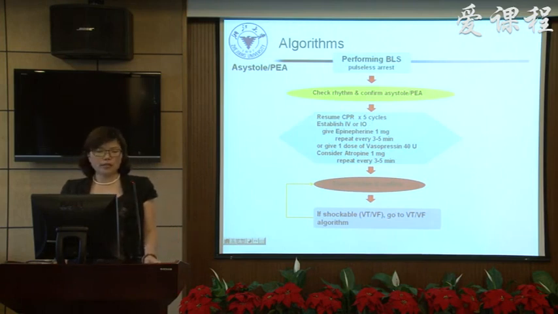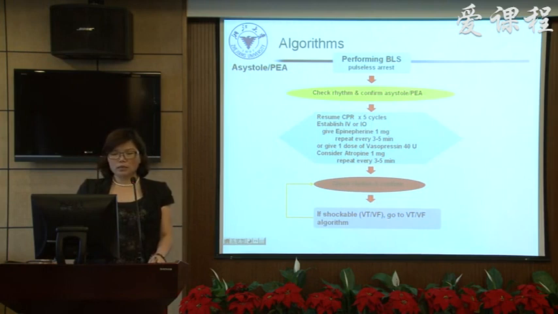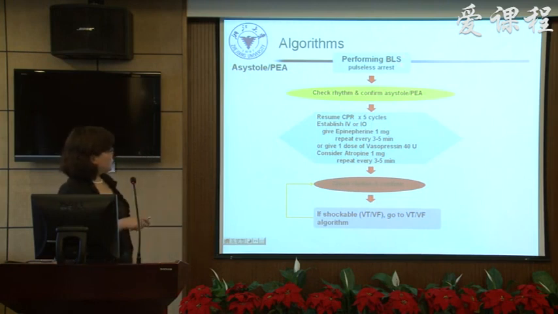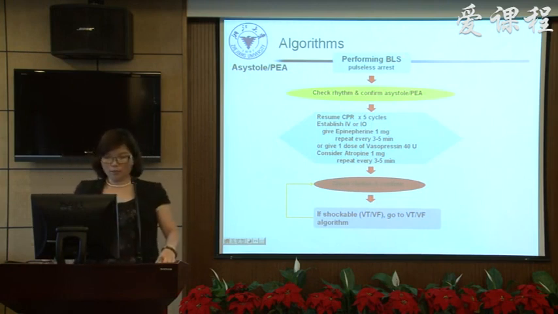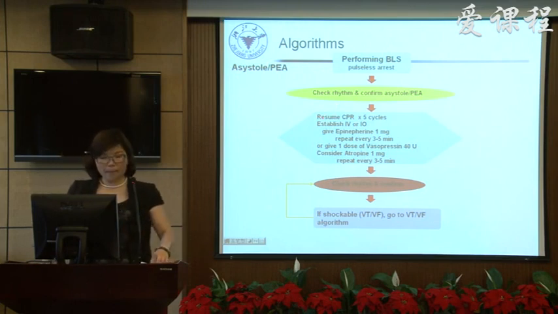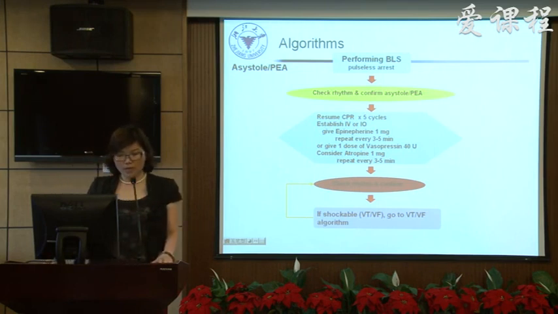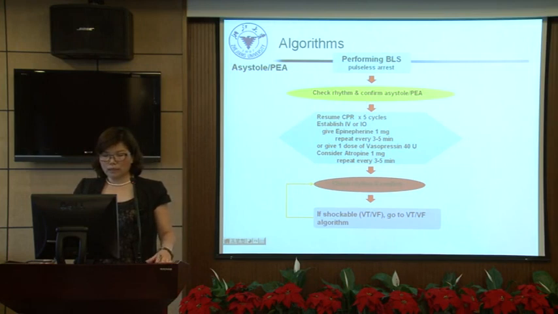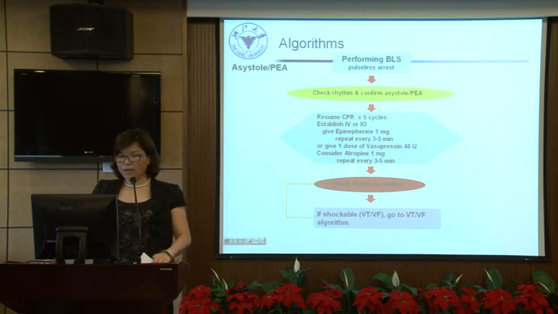If a patient is in asystole, when you do basic life support and you make sure the patient suffers from asystole, resume CPR, 5 cycles of CPR, and establish IV access, and give epinephrine 1 milligram, and can repeat every 3 to 5 minutes.